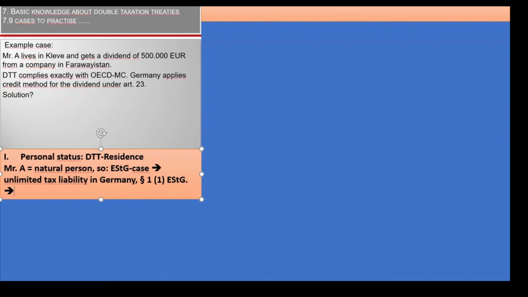That means we now have to look at Article 4.1 of the OECD Model Convention in order to find out where our friend is resident.